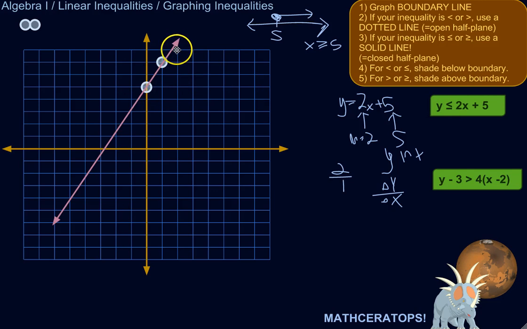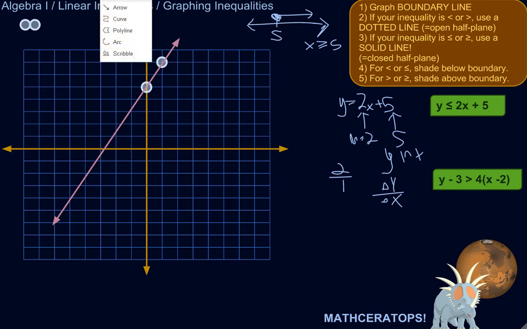If y is less than 2x plus 5, it's going to be below this line. If it's greater than that, it's going to be above it. So here my inequality is y is less than or equal to 2x plus 5, so I know that my shading is going to be below the line.